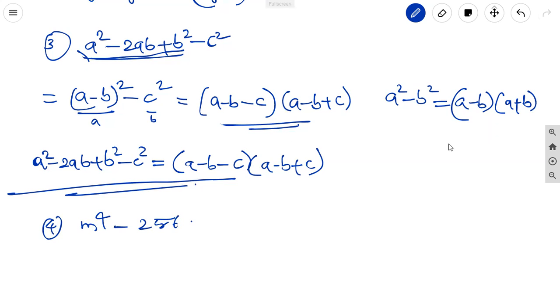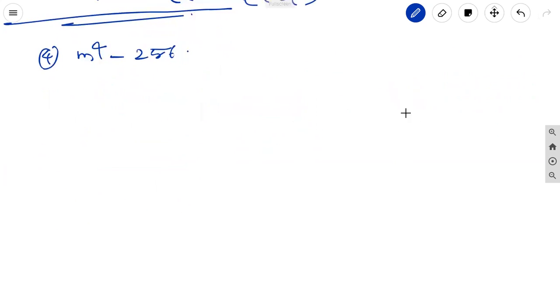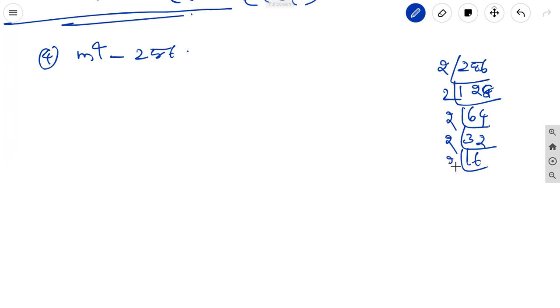Here, m to the power of 4, and 256, take the factors of 256.